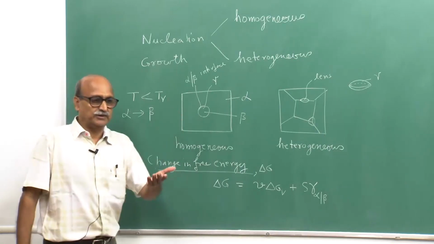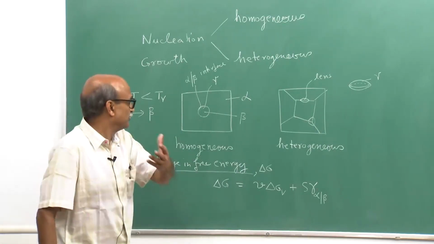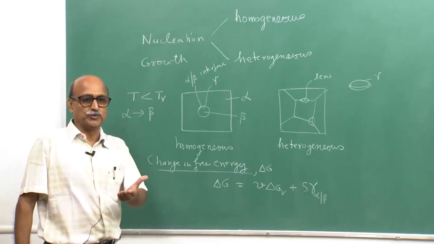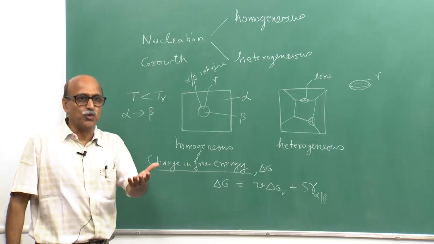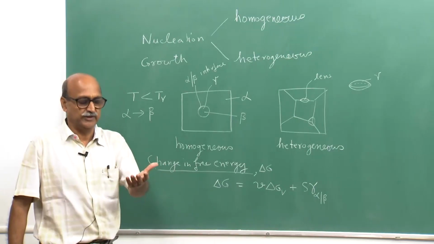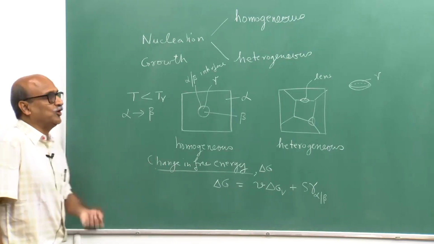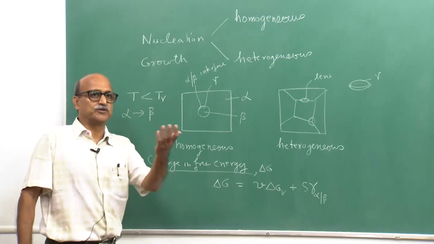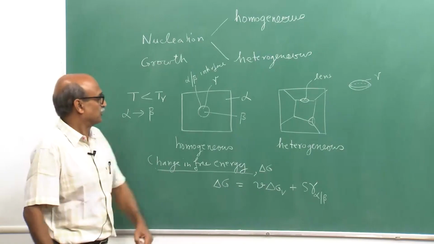For example, if we consider a transformation of face centered cubic iron to body centered cubic iron at temperatures below 910 degrees centigrade, there is a volume expansion going from face centered cubic structure to body centered cubic structure.